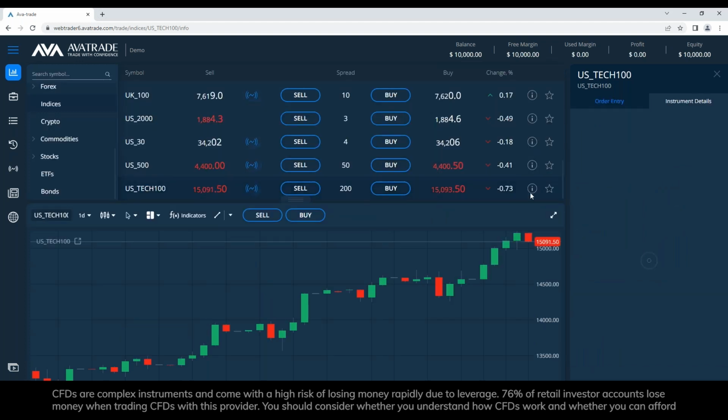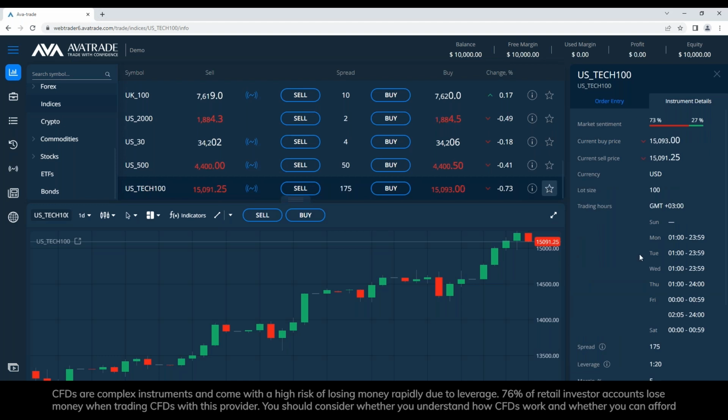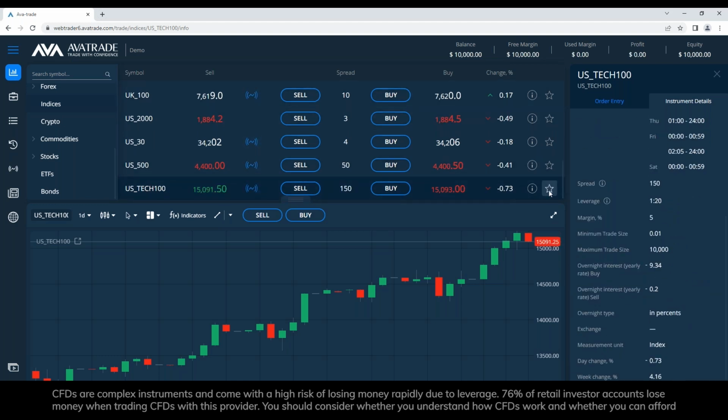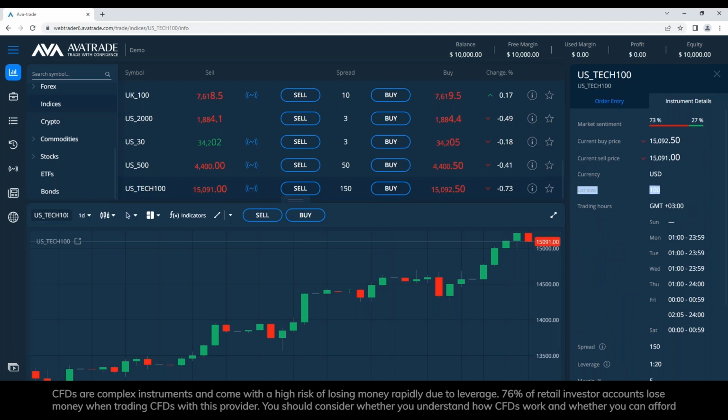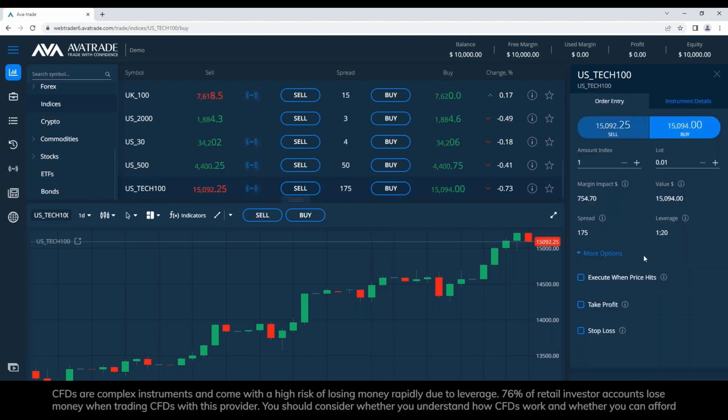I have the I for more information next to the star. This is a beautiful feature. If I click on the star, it adds it to my favorites. Next to the star I have the eye, and if I click on the eye, it's going to show me here: lot size equals 100. But for the sake of the example, we're going to go with just that.